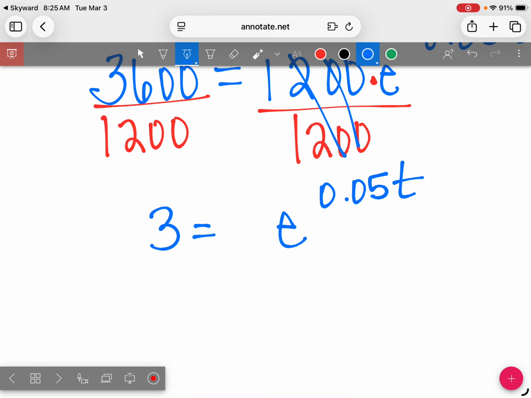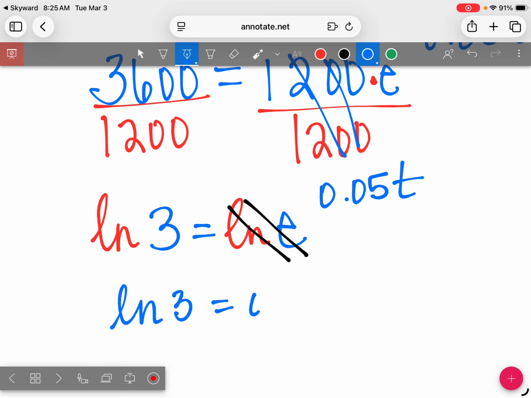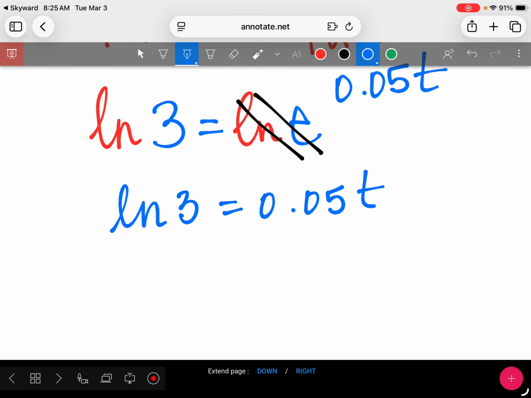The opposite of E is natural log. That's going to cancel this out. So you'll have natural log of 3 equals 0.05t. And then your last step is to divide by 0.05.